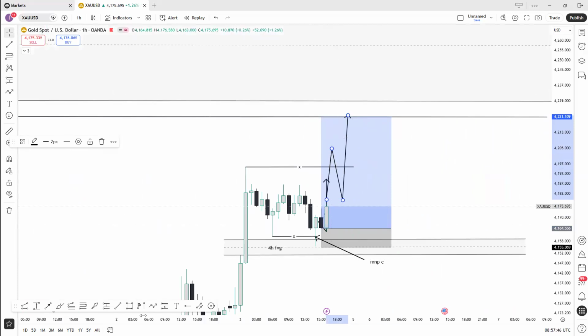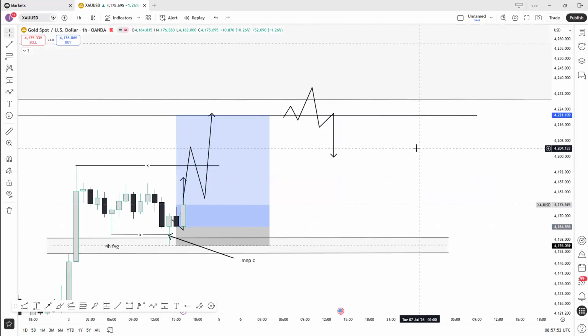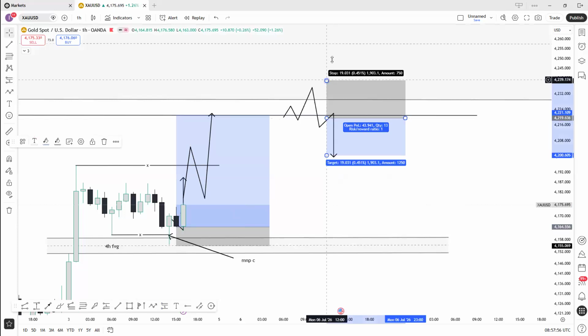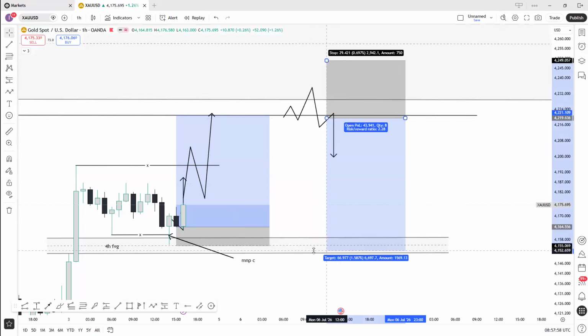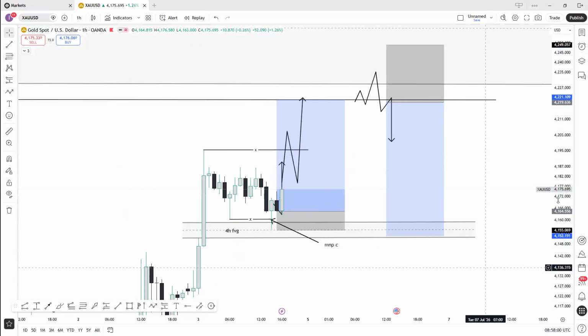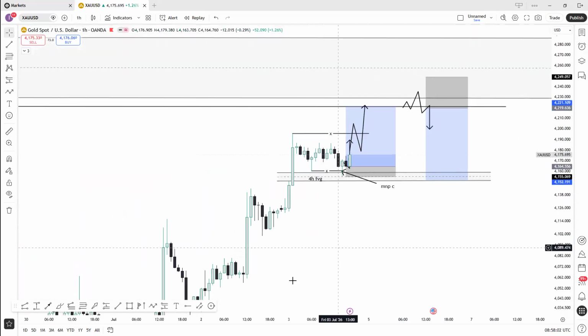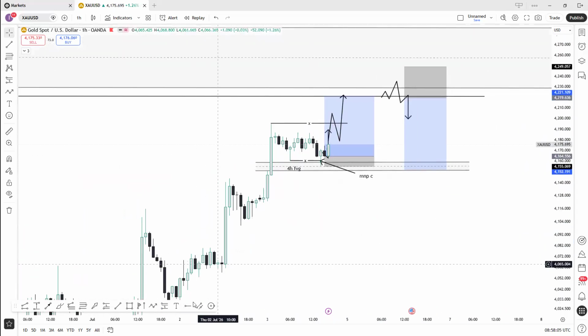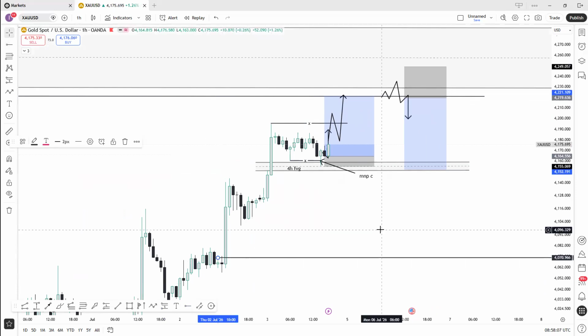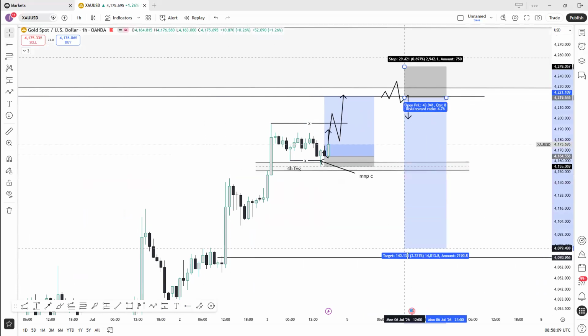Then when it takes that buy side liquidity, wait for a clear shift around that area, and we find sells. When you get the confirmation for sells, the shift from that area, we find sells. Targets can be the optimal point of interest on the left side.